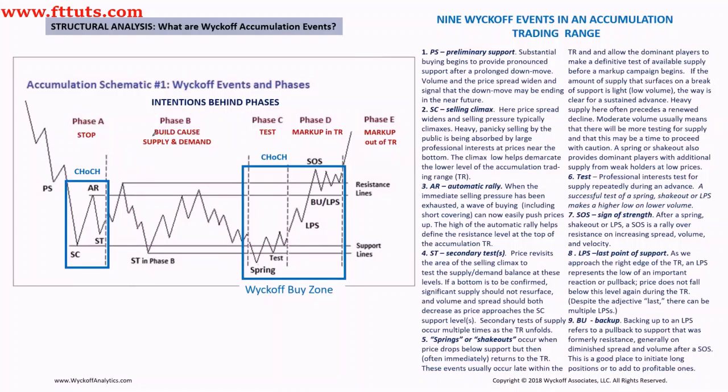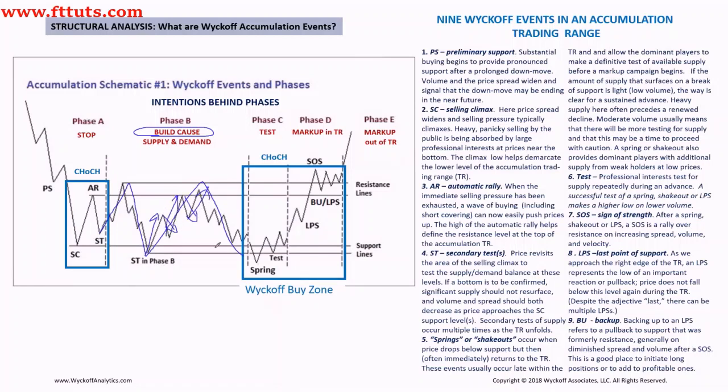In phase B, we're doing two things. We're building a cause, and building of a cause happens because there are so many fluctuations in phase B that we could observe. And those fluctuations are just a kind of reflection of buying and selling by different groups.